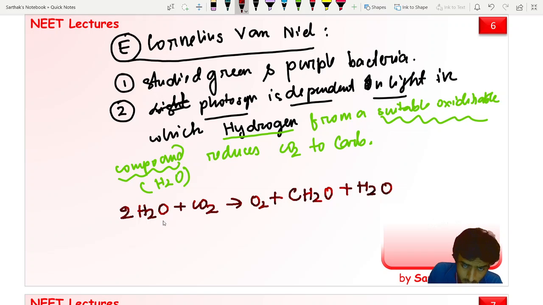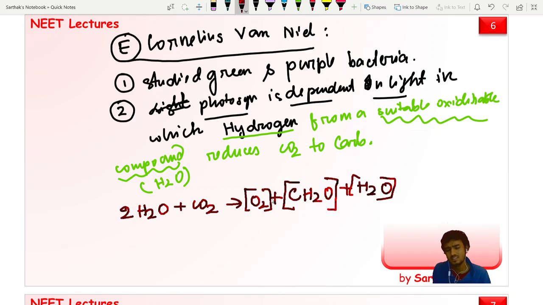So Cornelius Van Niel studied that this carbohydrate, this O2 and this water molecule, these three have an oxygen atom.